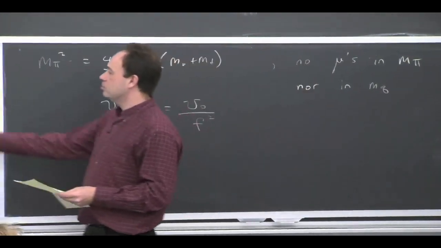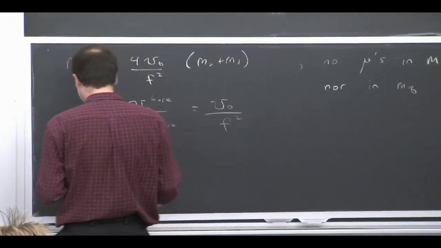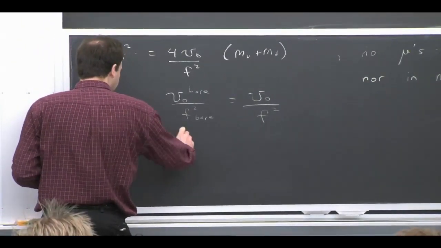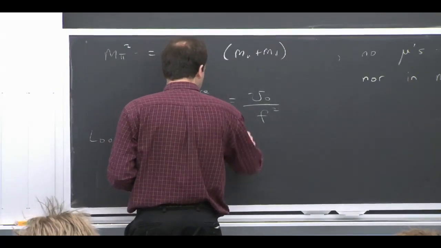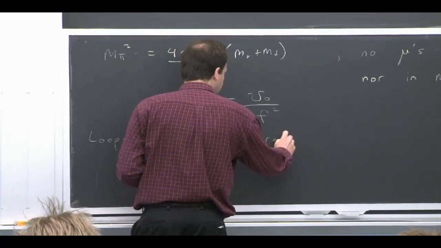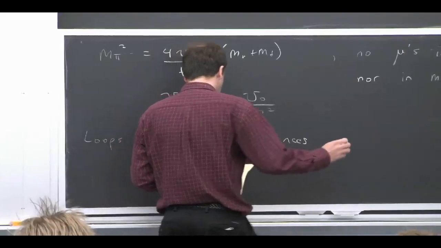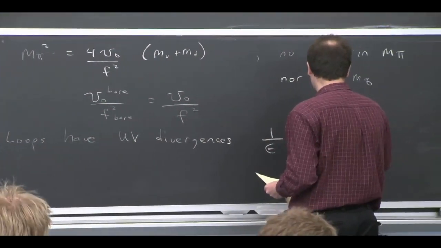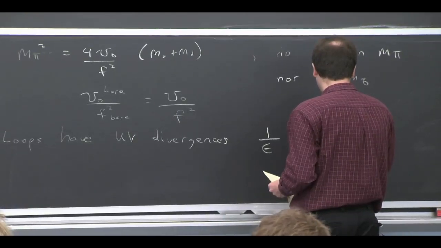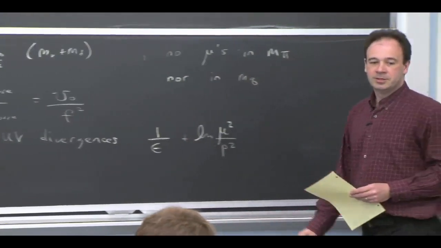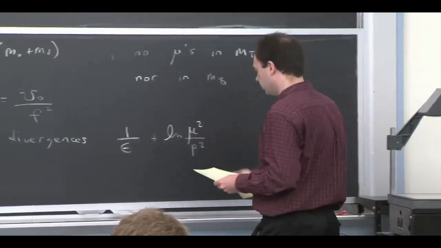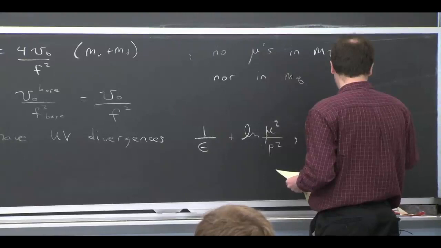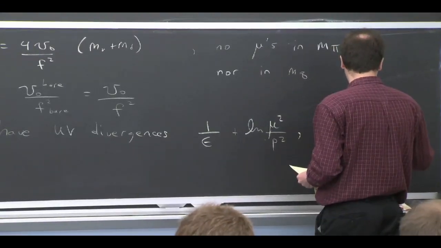OK, but when you do this loop, you do get ultraviolet divergences. So you get a 1 over epsilon divergence if you're using dimensional regularization, and it comes along with the log of mu squared. And then it'll be divided by some scale that you have in your loop, like an external momentum p squared, or it could be the pion mass.